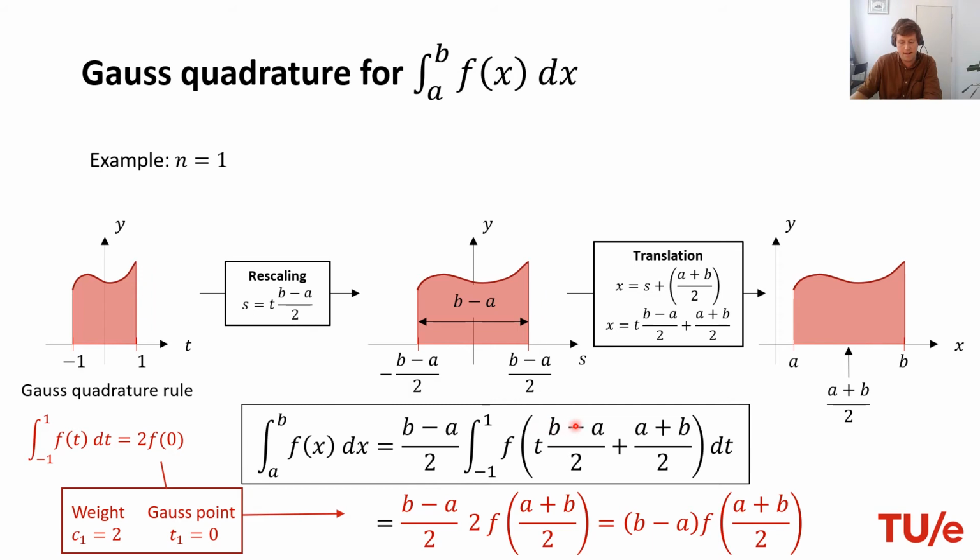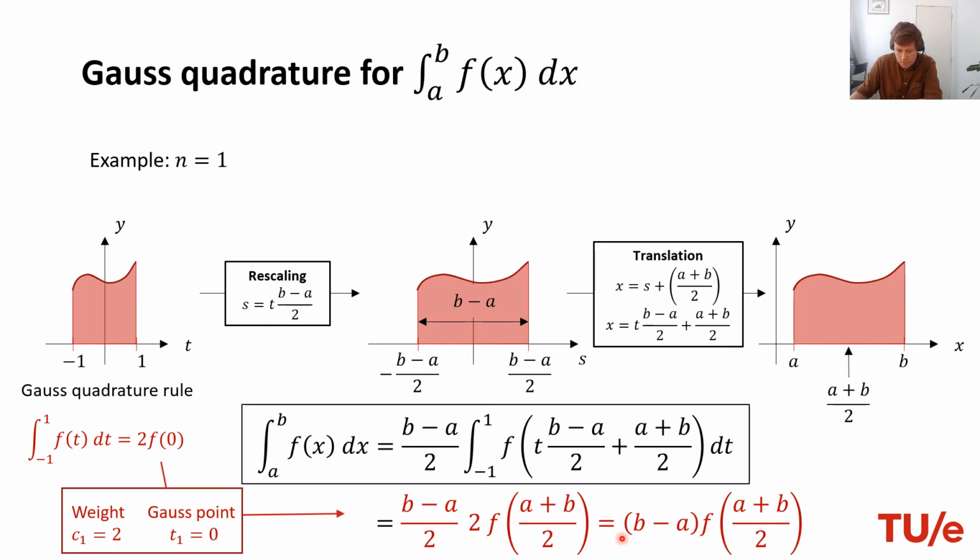So if we plug that in here, well, the Gauss point is 0, so t is equal to 0. So we just evaluate f at (a plus b) over 2. And the weight that we use to approximate this integral is 2, so we just added 2 over here. And this (b minus a) over 2 is just copied from this prefactor that we have over here.